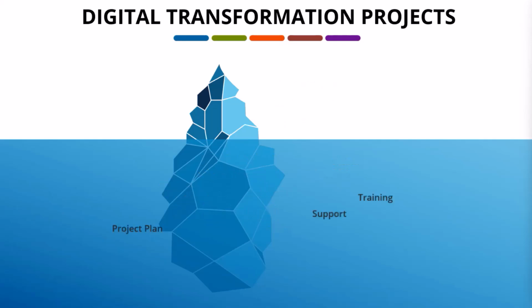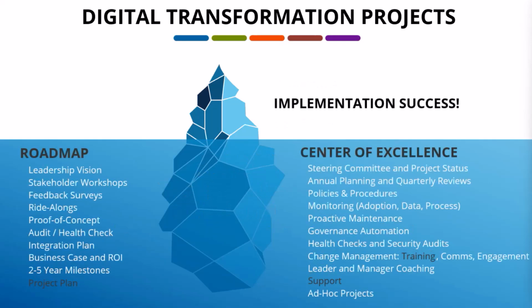Just like human beings, success is what you see. What you can see is only the tip of the iceberg. So the very important part is what you can't see. What we've found in many years of experience is that virtually every success is supported by two critical but hidden factors. A roadmap, which is much more than that specific project plan. It is a detailed vision from leadership plus the initial project plan.